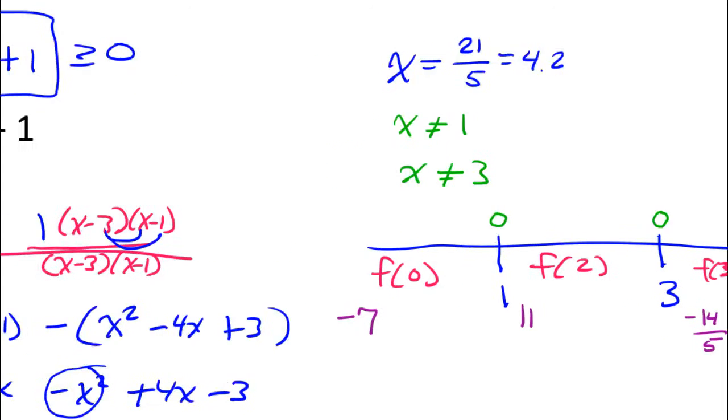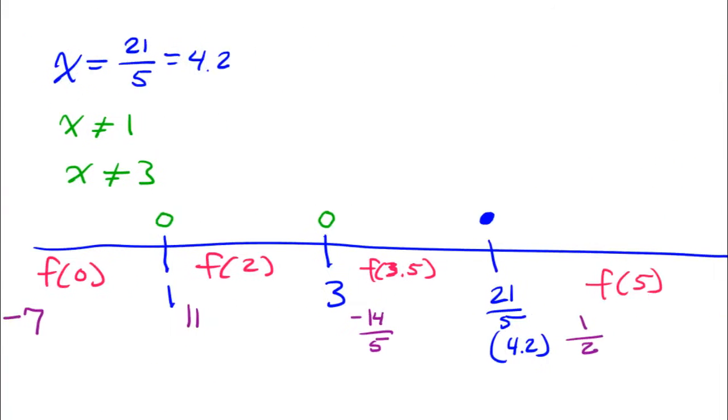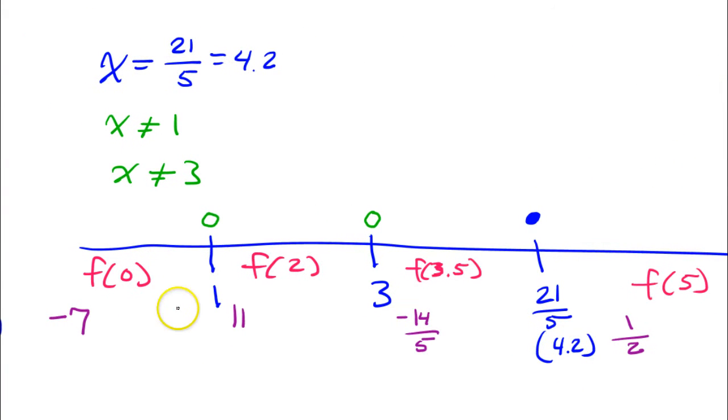All right, don't forget what I'm comparing to. Now that I rewrote the inequality, I am comparing to 0. Specifically, is the value greater than 0? I'm not saying equal to because we've already dealt with that. 21 fifths is the only point where the function is equal to 0, so that's already been covered.